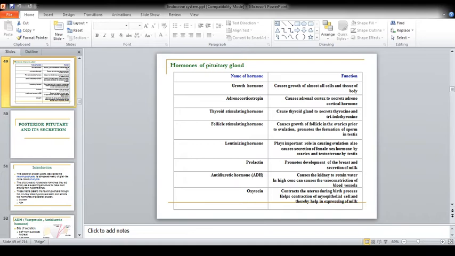So when the baby sucks on the chest of female, this oxytocin is released from the posterior pituitary, and it would act as a stimulator of milk production or release secretion of milk from the breast.